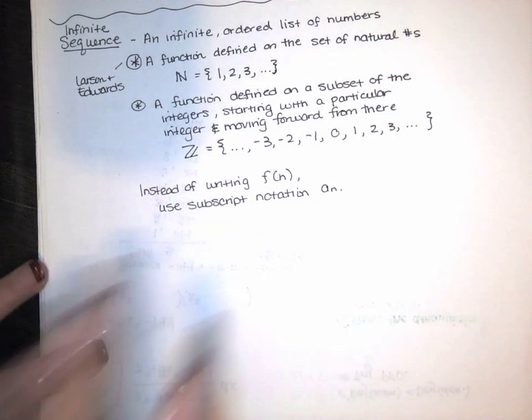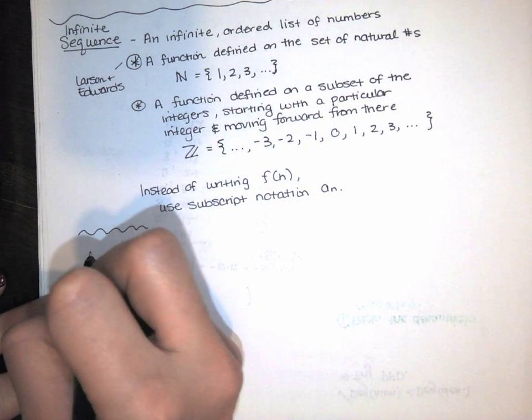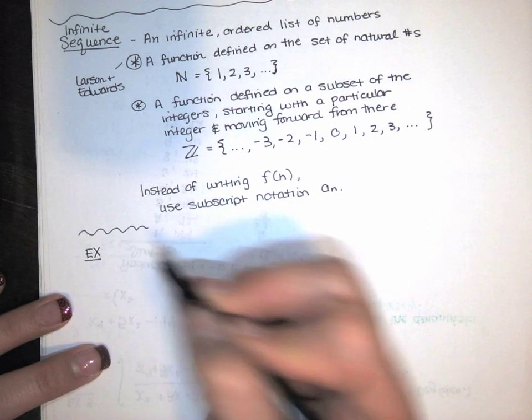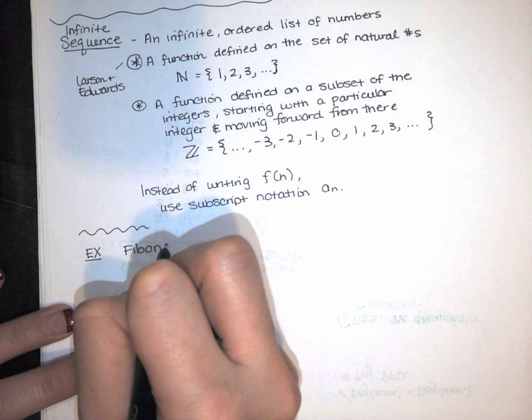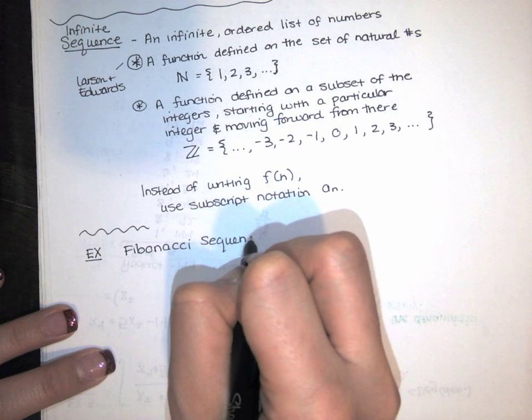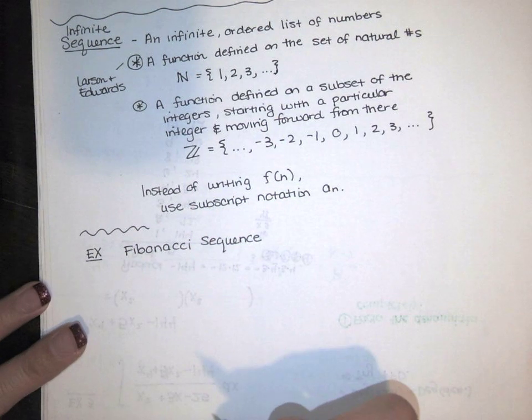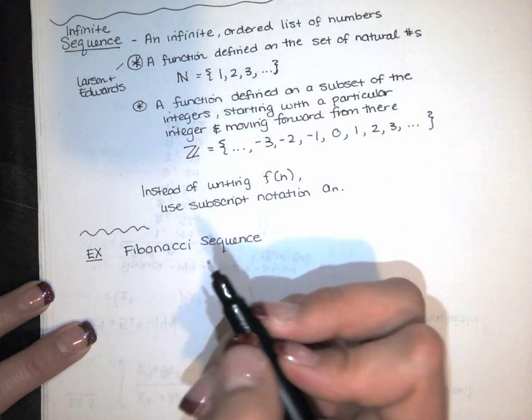So before I get into the definition of a term and then the nth term, let's look at an example. This is called the Fibonacci sequence. You may already know it. This is a sequence that's not defined by a formula, but it's defined recursively.